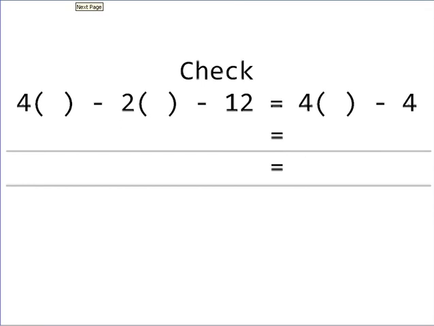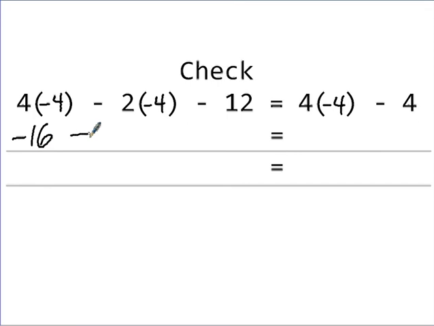So here's the check. Everywhere I have an x, I have a parentheses. I need to put negative 4 in for every place that I had my x value. So inside of each parentheses goes negative 4. All right, let's start all the way over on the left side. 4 times negative 4 is negative 16.